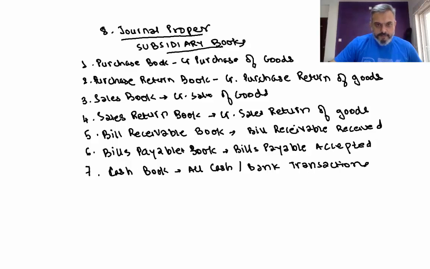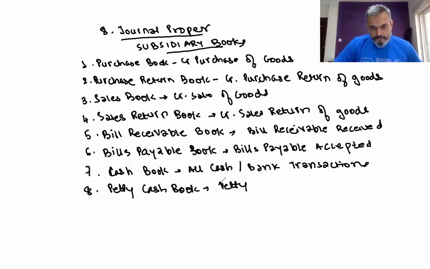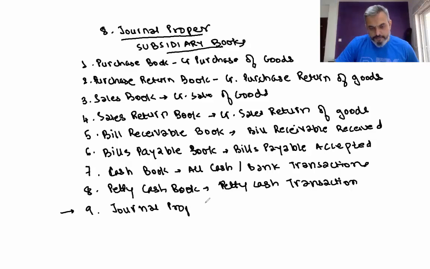Then we have petty cash book to record petty cash transactions. Then we have ninth one. What we are going to do is journal proper.